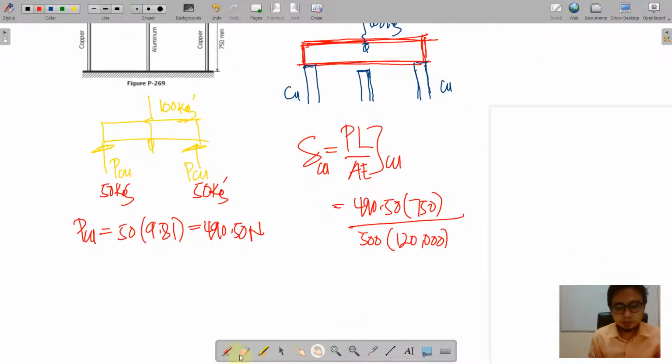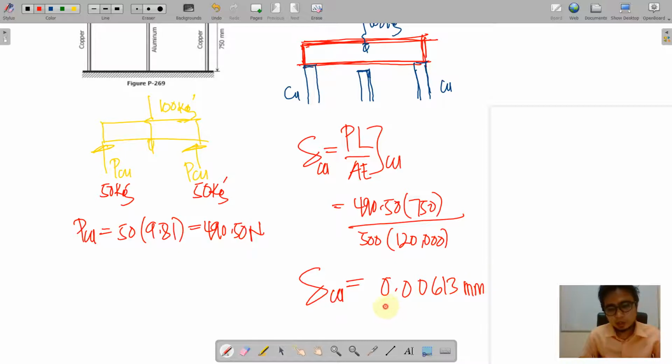So therefore, we will have a deformation in the copper equivalent to 0.00613 millimeters. So this is actually just a hairline of deformation caused by these 100 kilograms.